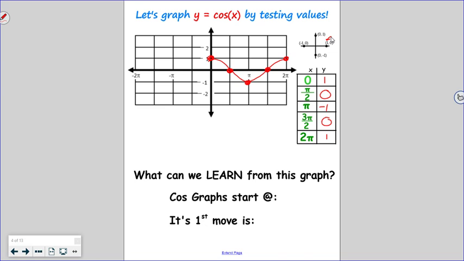And then if I follow that pattern in the negative direction, I would get the second part of that cosine curve. That is a second cosine curve. So in non-math terms, describe to yourself, where did the cosine start and what was the first move you made?